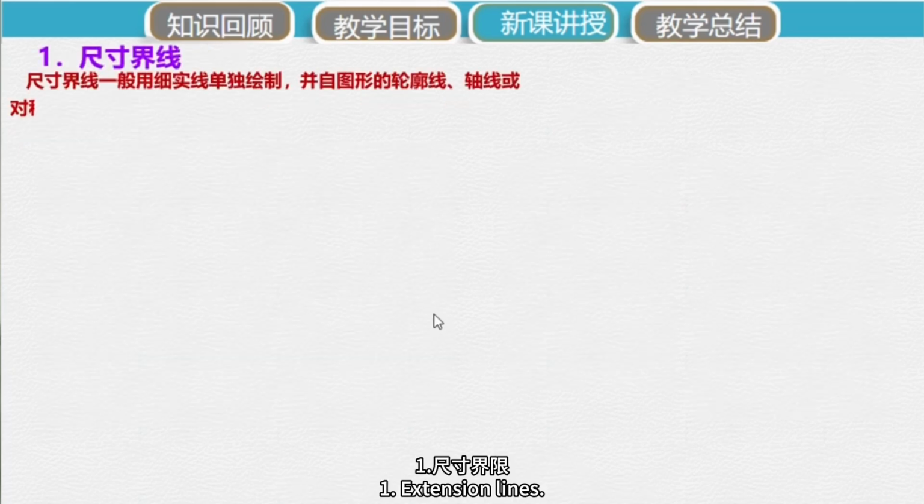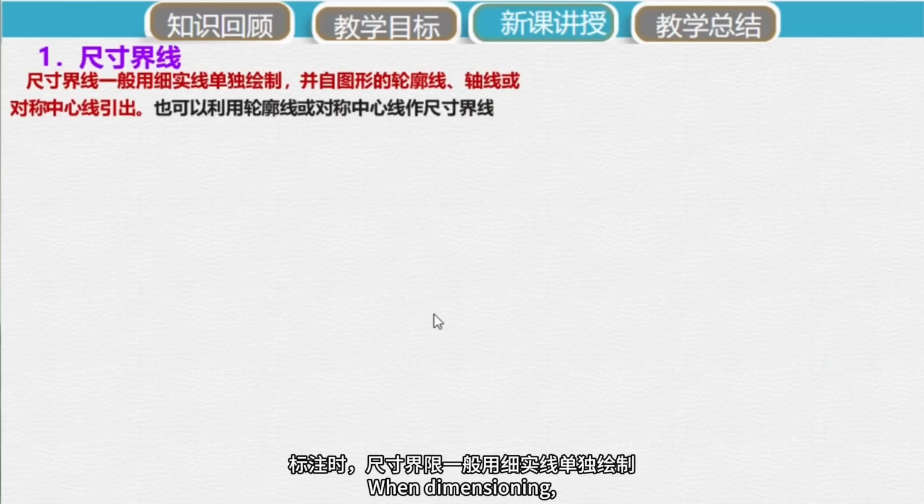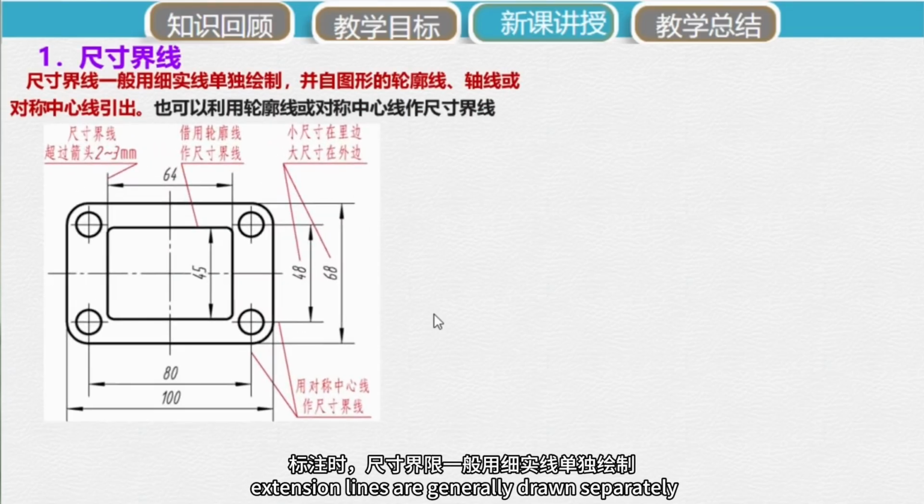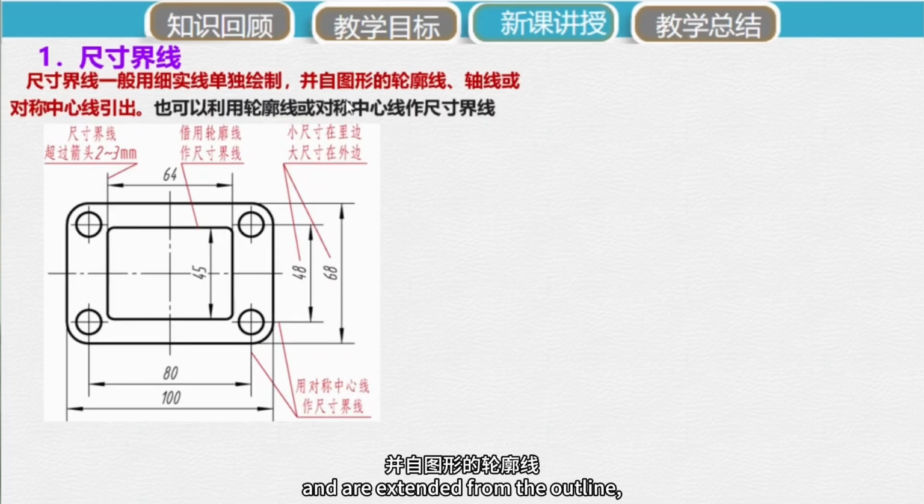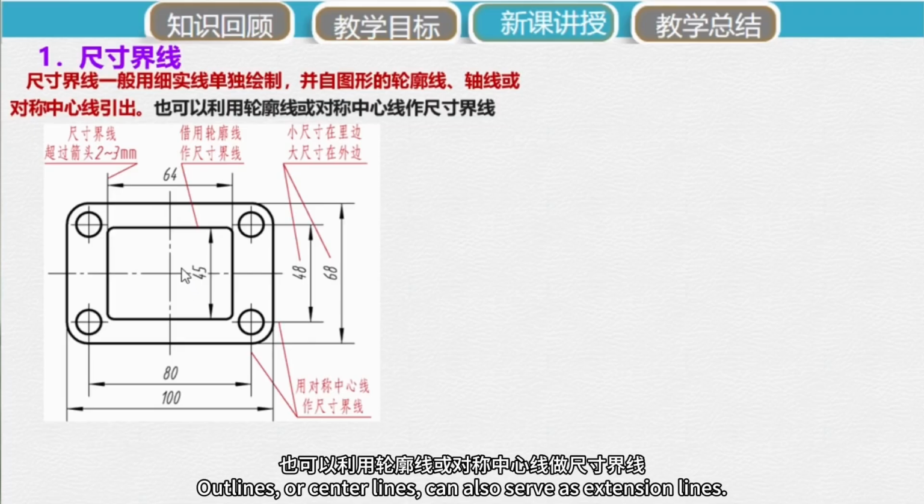1. Extension lines. When dimensioning, extension lines are generally drawn separately as thin, continuous lines, and are extended from the outline, axis line, or center line. Outlines, axis lines, or center lines can also serve as extension lines.